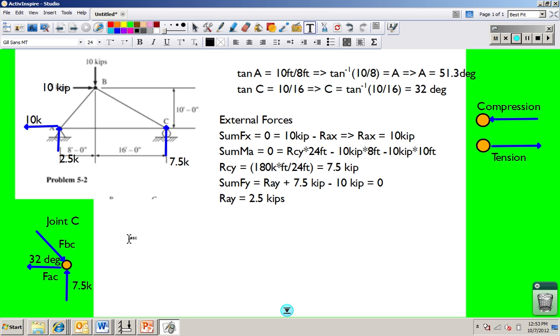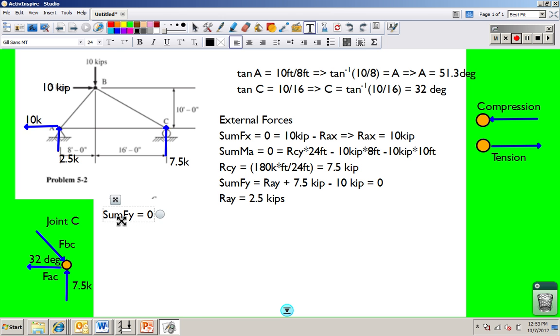Alright, so now to do our calculations for this, I know this one, RCY, and FBC is the only other y component, so it does make it kind of easy for me. So I'm going to do sum of forces y. Those are going to be equal to 0.